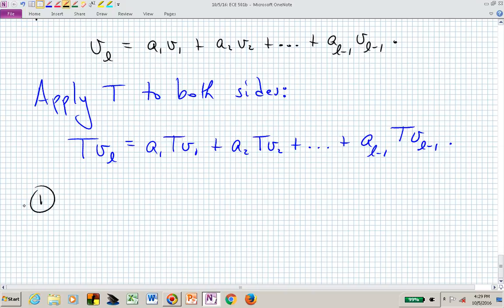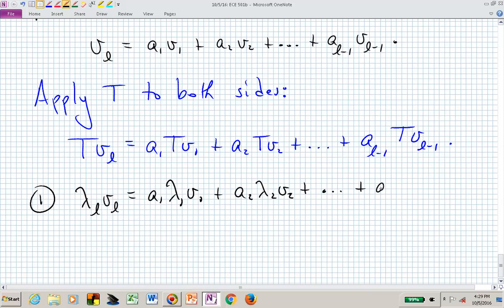This gives us now what I'll call equation 1. On the left, we have lambda sub L v sub L. That's just the eigenvalue-eigenvector relationship, which we said these v's are associated with the appropriate lambdas. Then we have a1 lambda 1 v1 plus a sub 2 lambda sub 2 v sub 2.